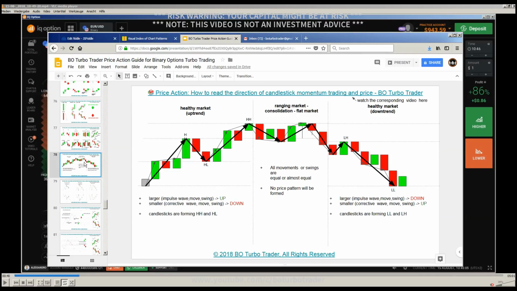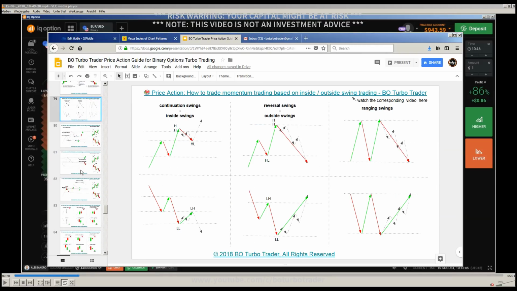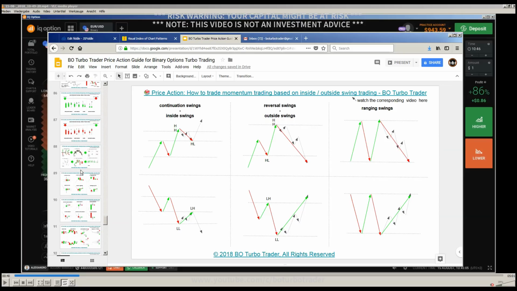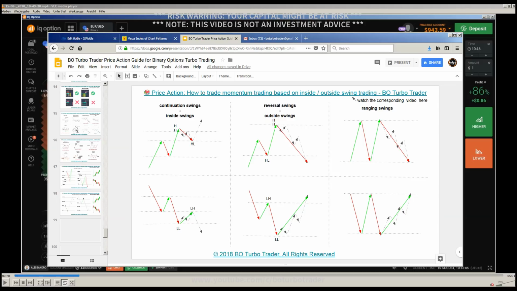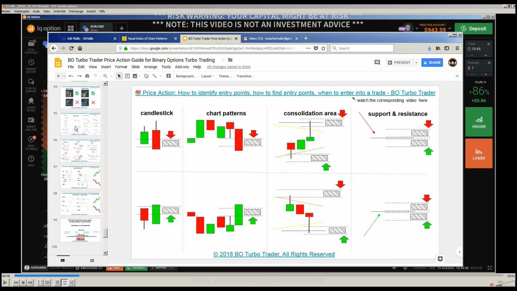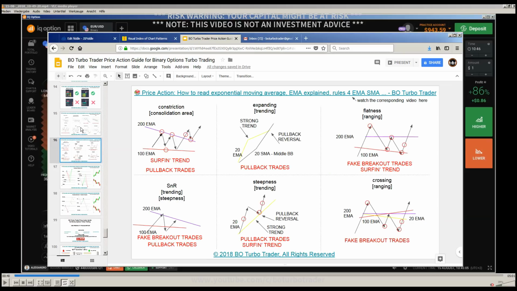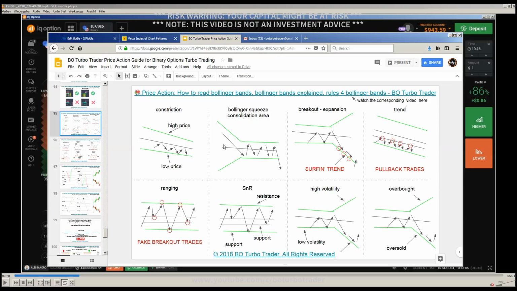Then let me see where I have the next one. That next one which you should cover would be the topic about this one here. Where I have explained, not this one here, let me see. Yes, this one here. Right, I clicked wrong. So this one here, where I have explained what the specific Bollinger Bands are explaining.